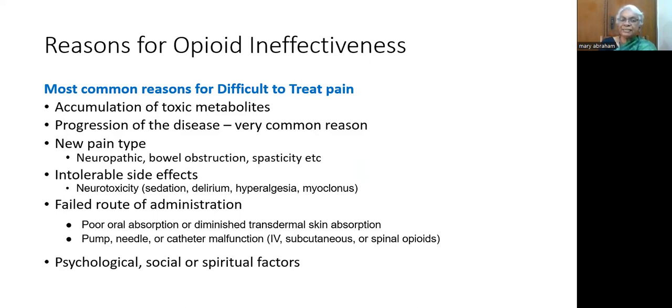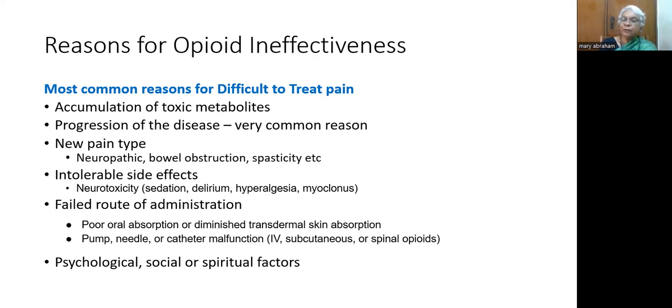Has he, in addition, developed a neuropathic pain, or is there a bowel obstruction, or spasticity? Then you may have to add some adjuvants for that. And then there could be intolerable side effects with the present regime. This could be neurotoxicity, which could manifest as sedation, delirium, hyperalgesia, or myoclonus.